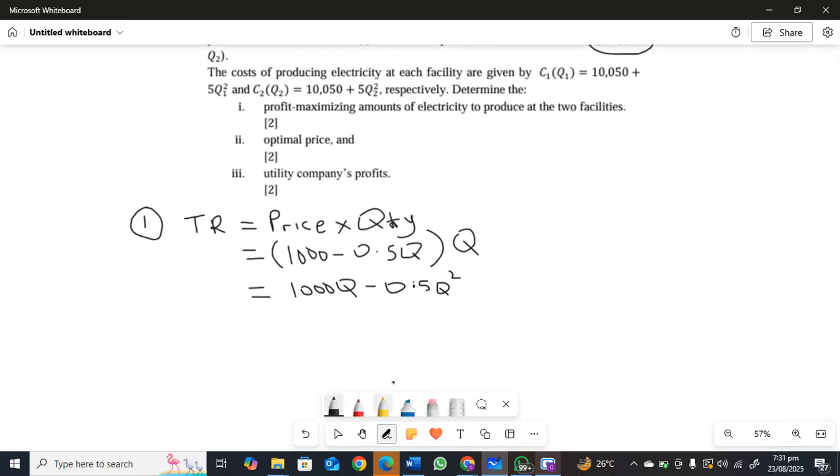Number 2, get your marginal revenue function.